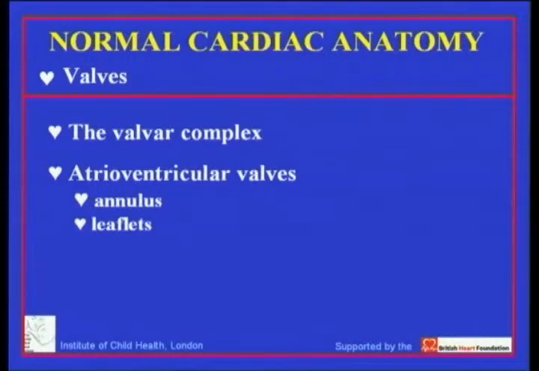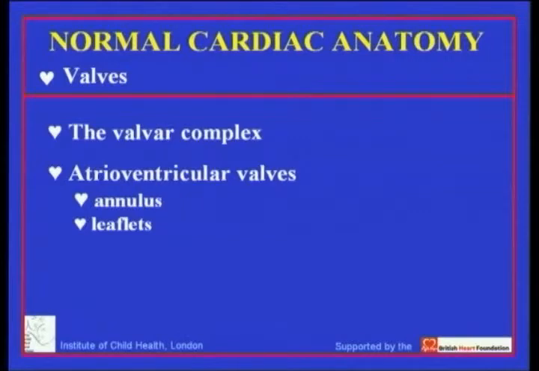So for the atrioventricular valves, we can truly describe an annulus, and I'll show you the annulus, but the essence of the valvar mechanism is the leaflets. And I'm going to describe leaflets in both the atrioventricular valves and the arterial valves. I know that many talk about cusps. Despite the use of cusp, I do not think that it's an appropriate use of this word, because a cusp, if you look at the Oxford Dictionary or the first definition in Webster's dictionary, is a point or an elevation.